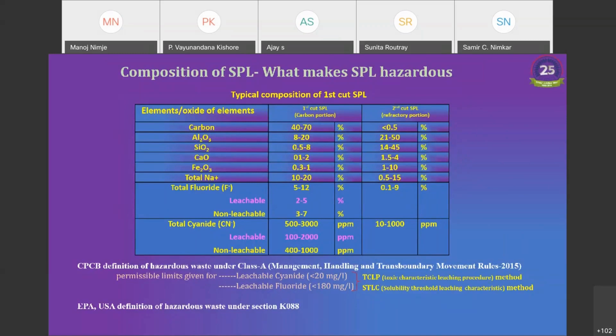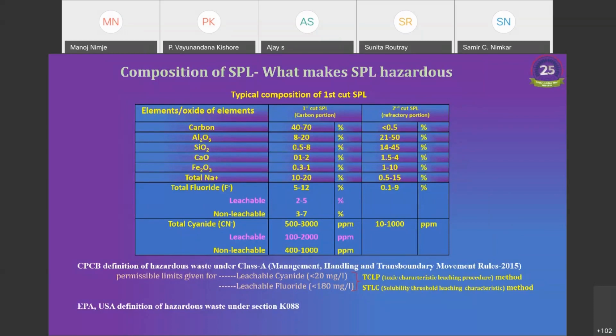And SPL contains both leachable cyanide and fluoride material above the permissible limit assigned by CPCB. Hence, SPL is classified as a hazardous waste by CPCB under Class A and requires special handling.